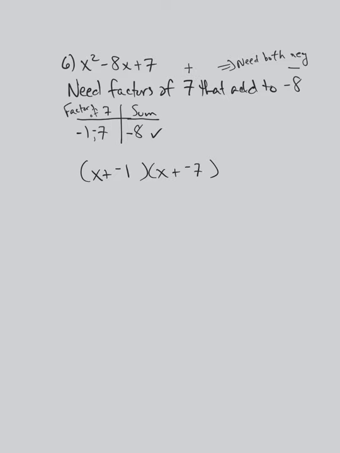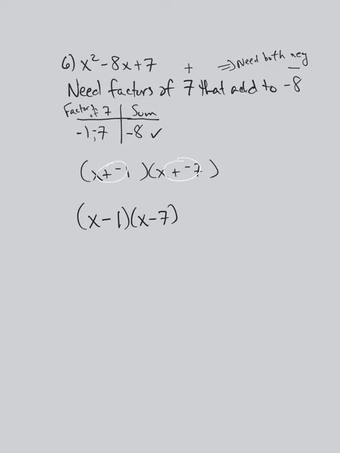But then again, remember that we'll want to combine these into a subtraction. You can cut that process. You don't have to put this line in there. Anytime you have a factor that's negative, it will actually change that into a minus. So it looks like our factorization is x minus 1 times x minus 7.